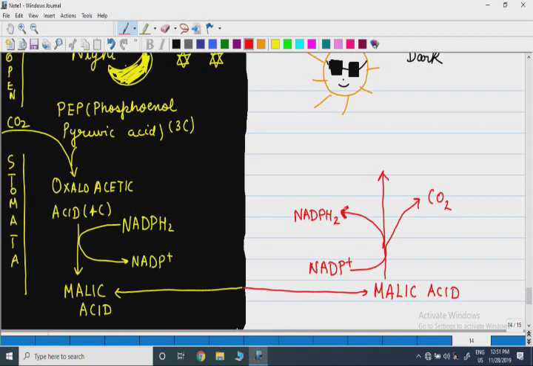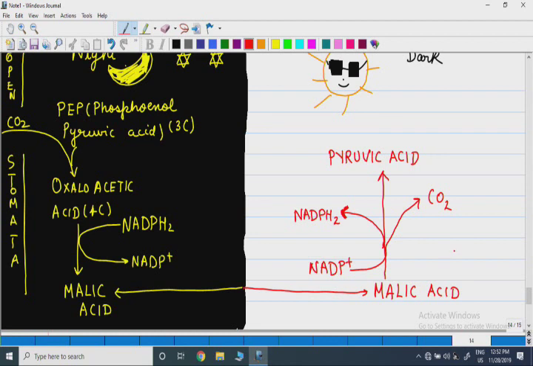Malic acid is converted into pyruvic acid, and carbon dioxide is being released.